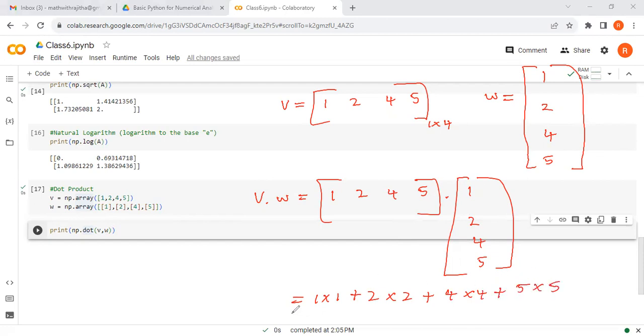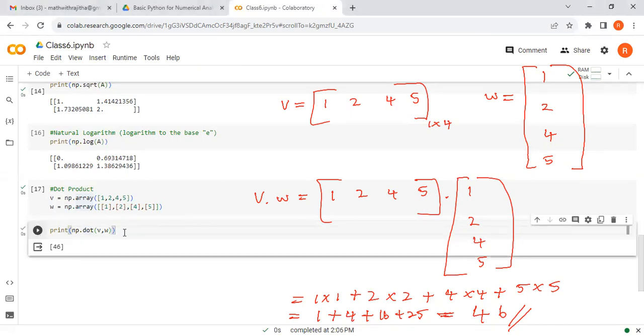This is 1 plus 4 plus 16 plus 25, which is 46. The dot product between these two vectors comes down to 46. So let us see if we are getting 46. Yes, correct. Python gives the correct answer for the dot product.